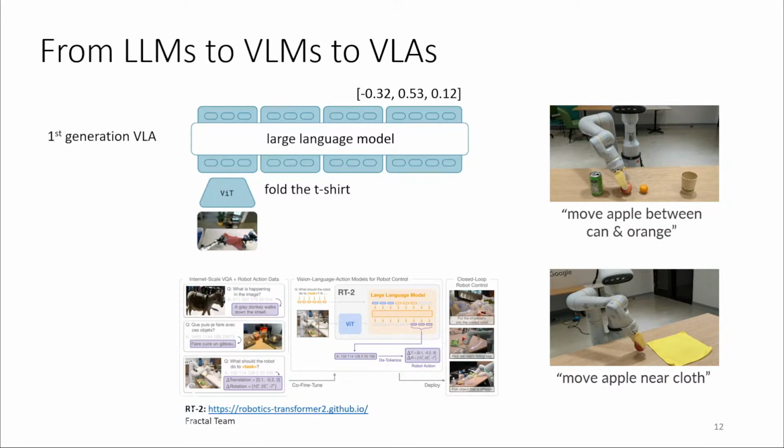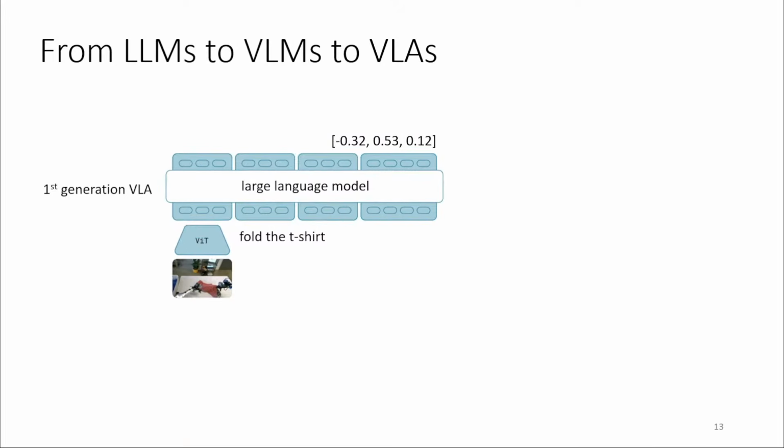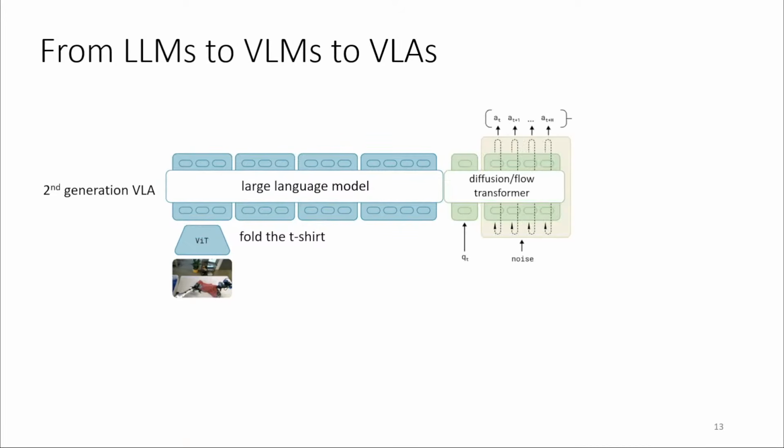So what I would kind of fancifully call second generation VLAs basically augmented this design with some kind of separate neural module that was responsible for producing really good actions, not just actions represented by a sequence of ASCII numbers, but continuous action chunks that are high dimensional, high frequency, and much more dexterous. And of course, the way to do this was to use diffusion or flow matching.